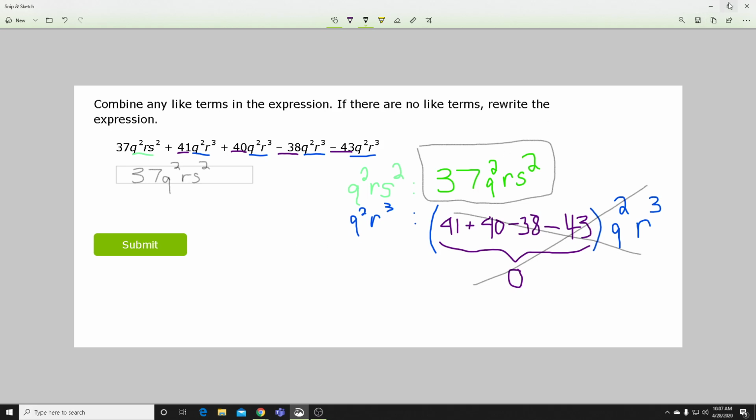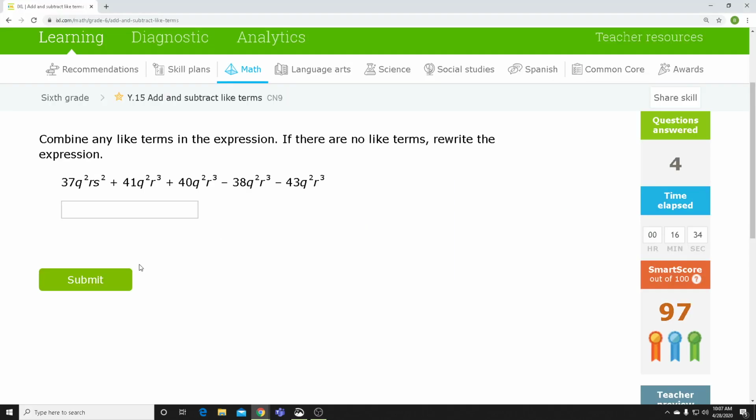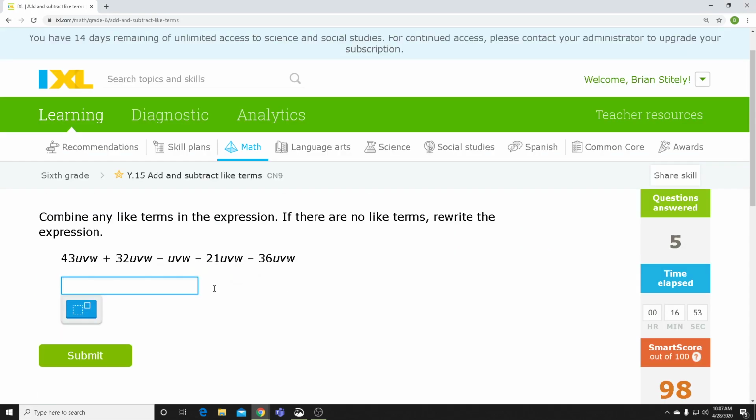So let's write that in. 37 q squared r s squared. There you go.